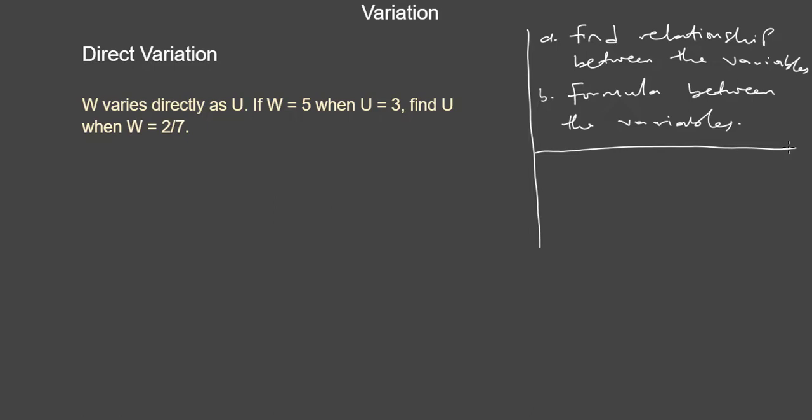So let's interpret this question. W varies directly as U. This is how you represent this mathematically. This symbol represents varies, or it's a sign of proportionality, or a symbol of proportionality.